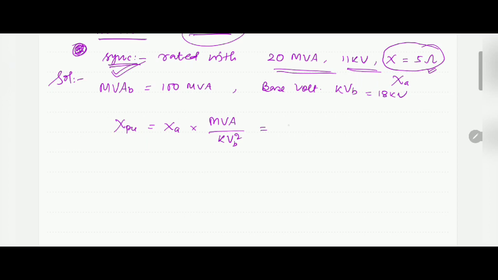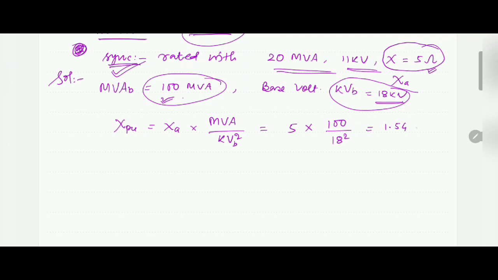So here we have actual reactance as 5 multiplied by, since base MVA is given in the question as 100, we will have to take this value as base MVA. So it will be 5 multiplied by 100 and base voltage is 18 kV, so we take 18 square. On calculating we will get 1.54 per unit.